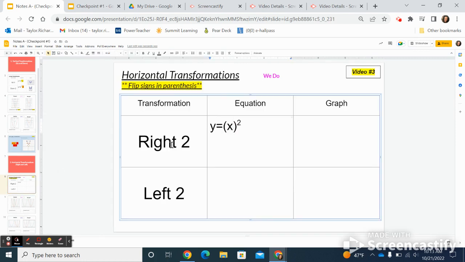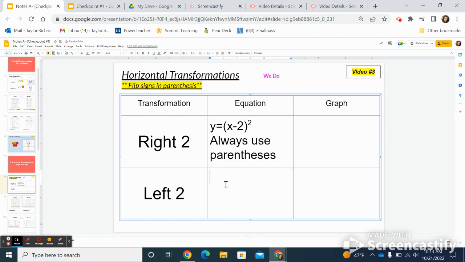So if I'm saying right 2, I'm actually going to say x minus 2, because the parentheses kind of say you're doing the opposite. Even though it looks like a -2 in the parentheses, when you graph it, it's going to go positive to the right. So this is your equation for right 2. If you want to leave yourself a note, you can say always use parentheses for horizontal.